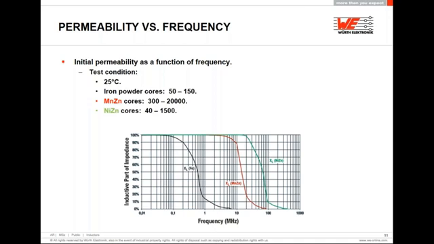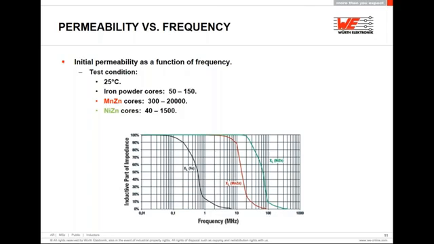Now, manganese zinc cores are inductive up to frequencies around 20 to 30 megahertz. Losses are usually rising above 10 megahertz, and the core material is no longer effective in the frequency range above 80 megahertz. And finally, nickel zinc cores are inductive up to frequencies around 60 megahertz.